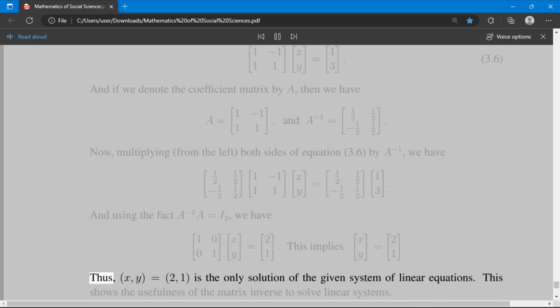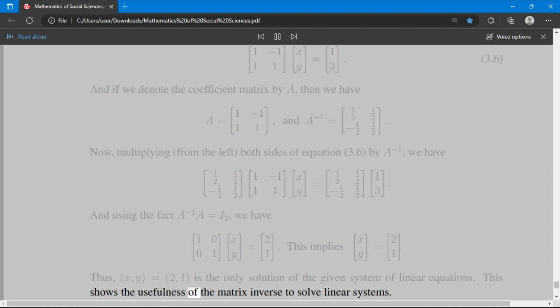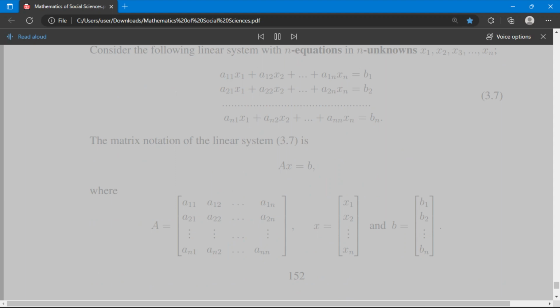This implies [x; y] = [-1; 2]. Thus, (x, y) = (-1, 2) is the only solution of the given system of linear equations. This shows the usefulness of the matrix inverse to solve linear systems.